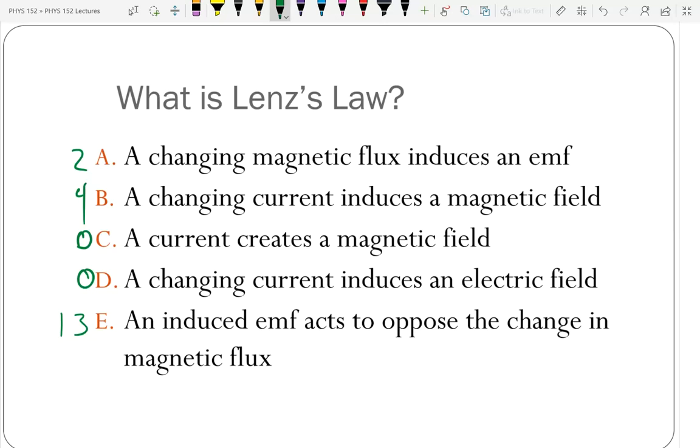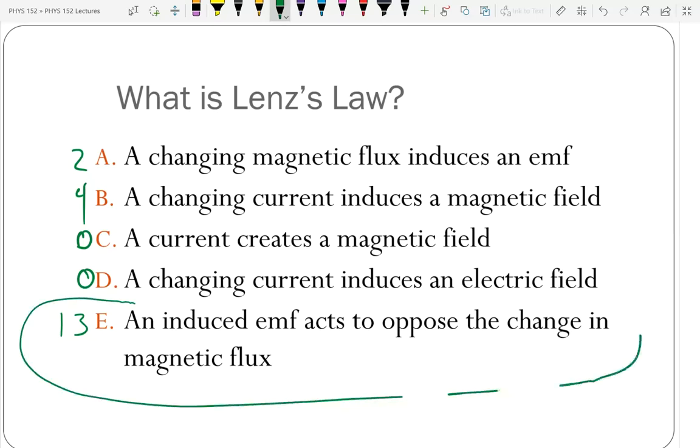So Corso, my man, we had 13 people who gave the correct answer: an induced EMF acts to oppose the change in flux. What I just said before we had the question. We only had 2 people who said the first one.